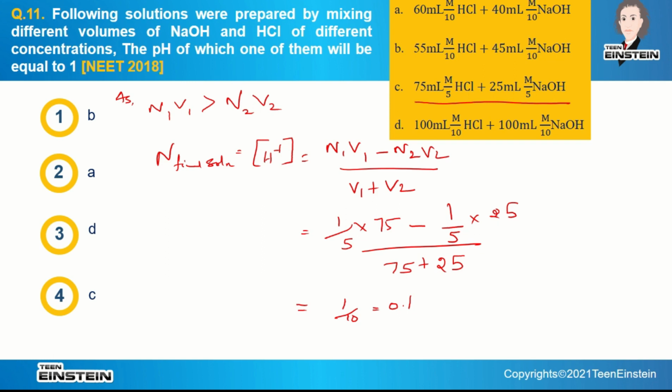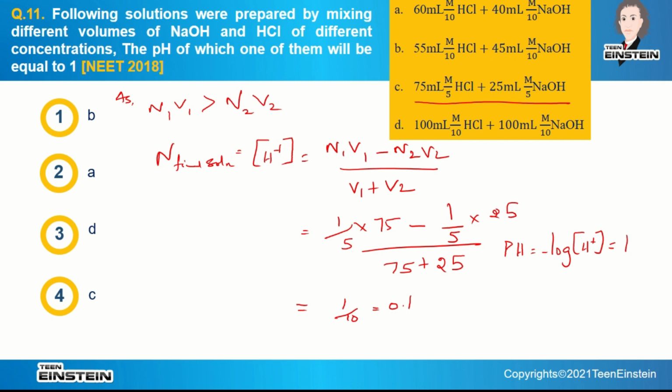So here we want to calculate the pH. The pH of this solution can be calculated using the formula pH is equal to minus log of H plus ion concentration, which is equal to 1.